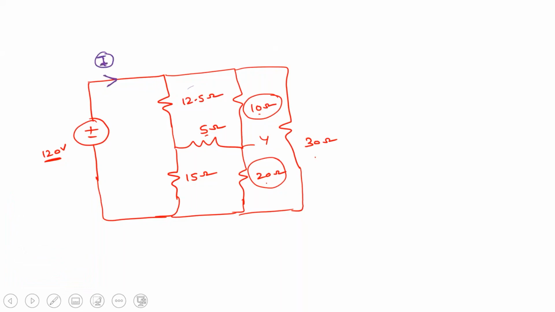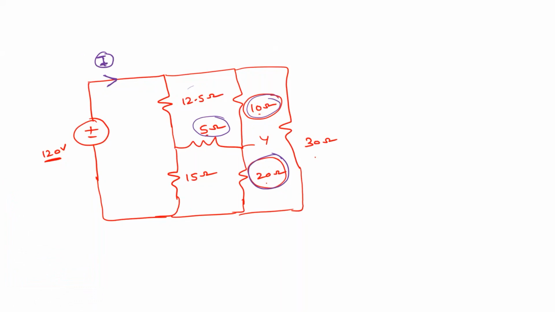What is the first thing you can do? If you observe this problem, this 5 ohm, 10 ohm, and 20 ohm are forming a star network.